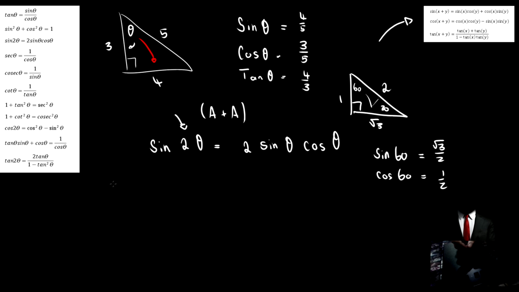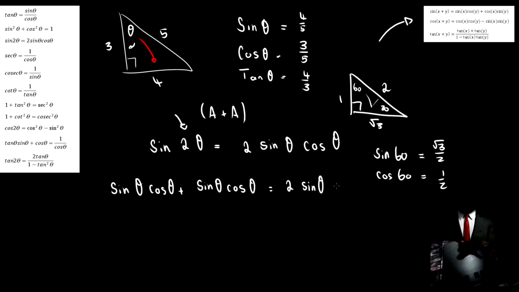Let's look at this formula. So it tells us that the sine of theta times the cosine of theta plus the sine of theta times the cosine of theta is then equal to 2 sine theta cosine theta.